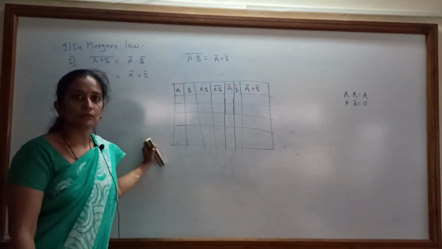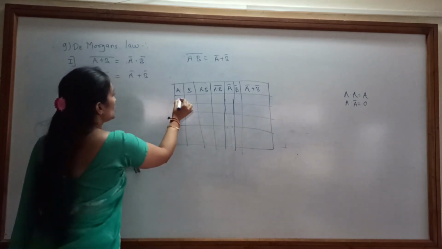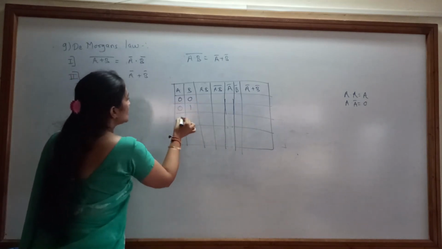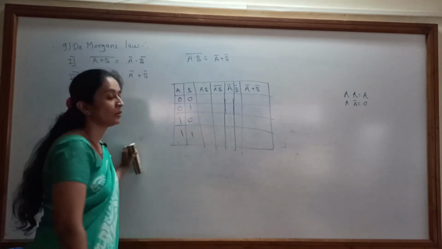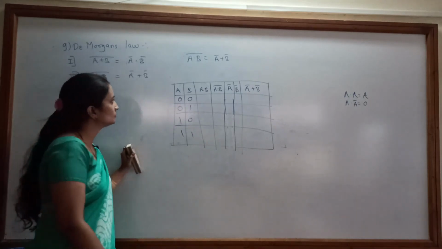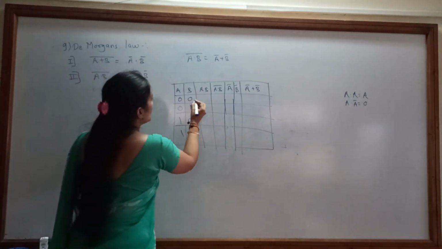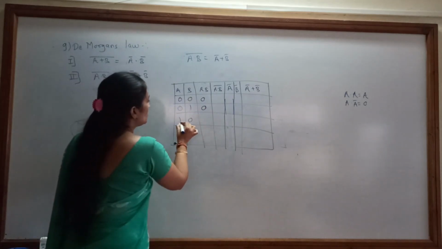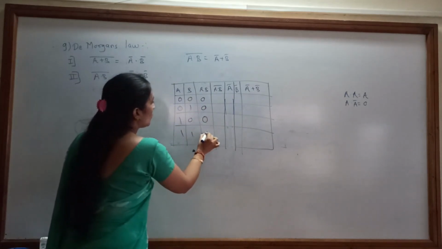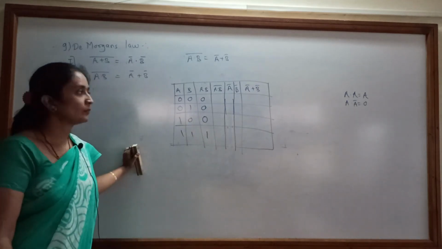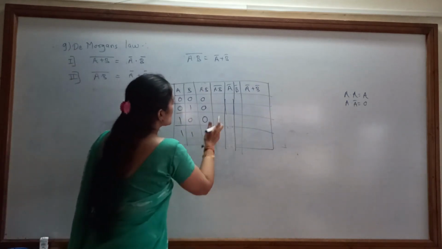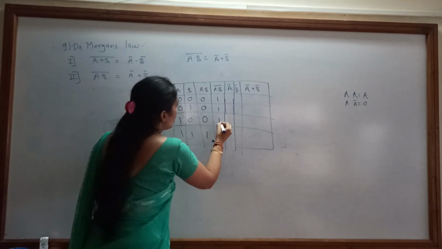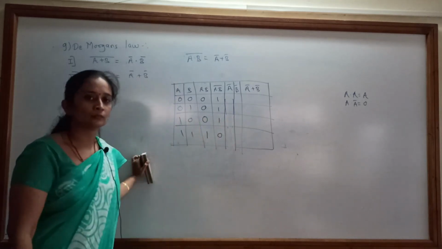Now values are 0, 0, 0, 1, 1, 0, 1, 1. A into B: 0 into 0, 0; 0 into 1, 0; 1 into 0, 0; 1 into 1, 1. Complement of this column, 1, 1, 1, 0.